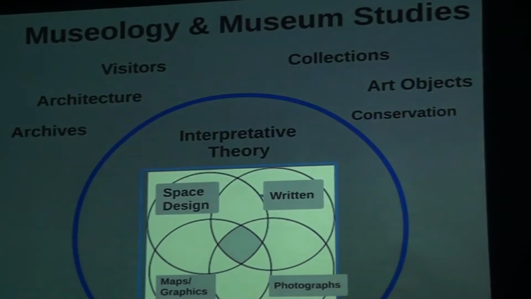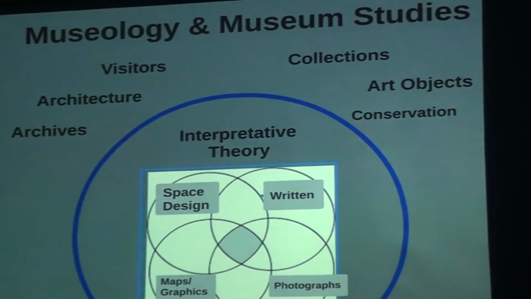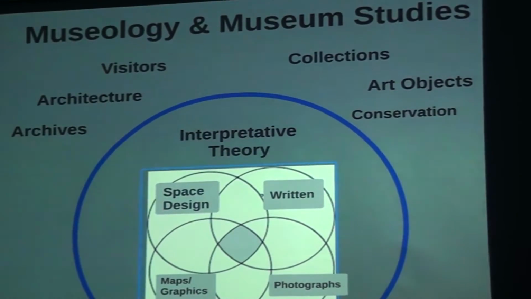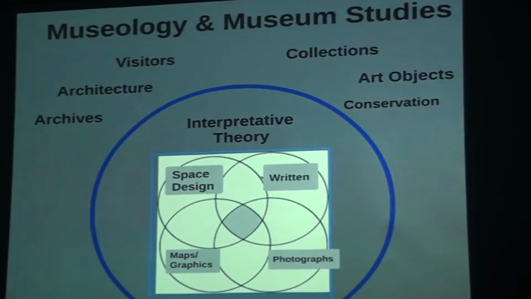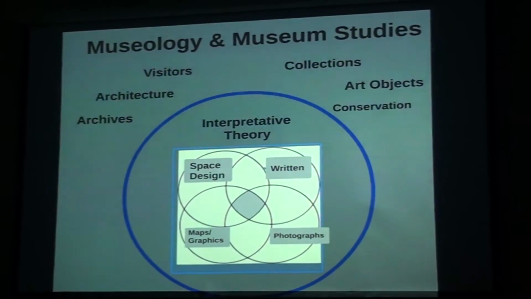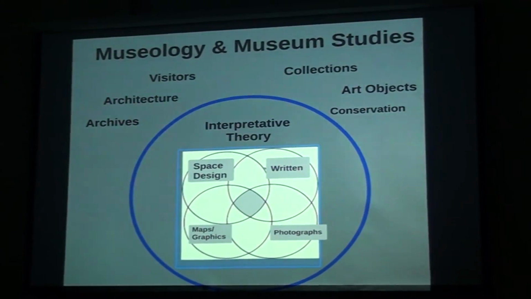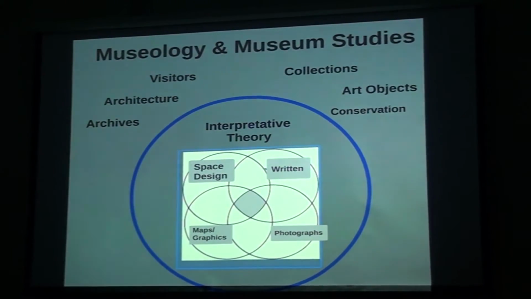So now, getting into the title of the exhibition, which is about reinterpretation. Interpretation, and you can also say it's interpretive theory, which is a very new theory within museum studies and museology. So museology is the theory of museums.